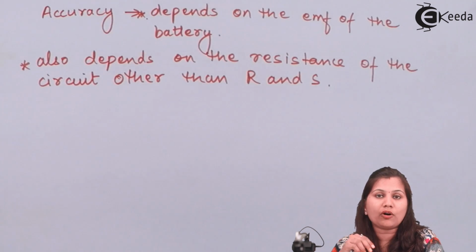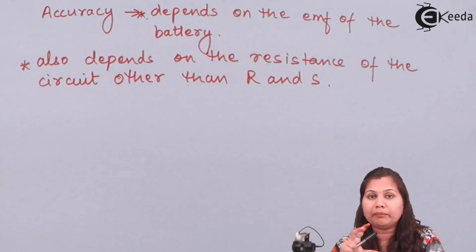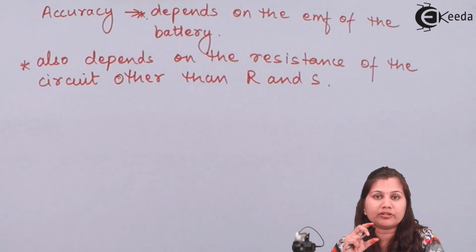Now the accuracy of this method depends upon the fact that the ammeter should have an internal resistance equal to 0, and the internal resistance of the voltmeter should be infinite.